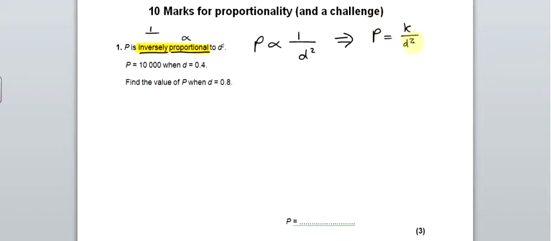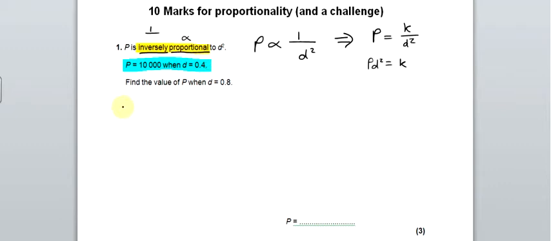And there's several ways to get the number here. One way is to rearrange this. So that means we multiply D squared up, so P times D squared is equal to k. And now I can work out what k is, because every single time you see one of these questions, they will give you a pair of values.